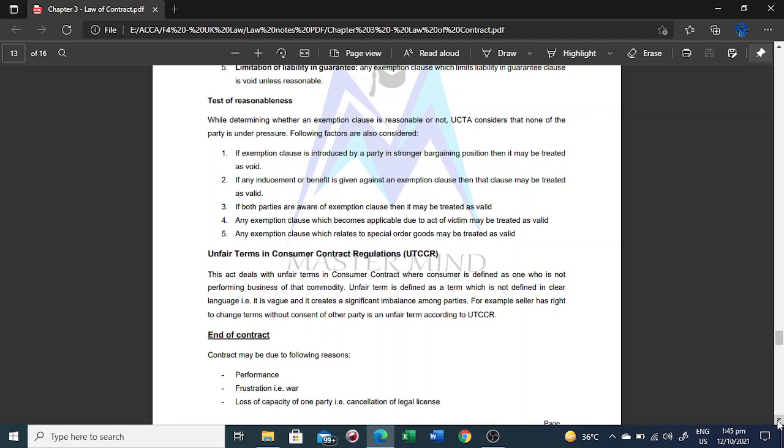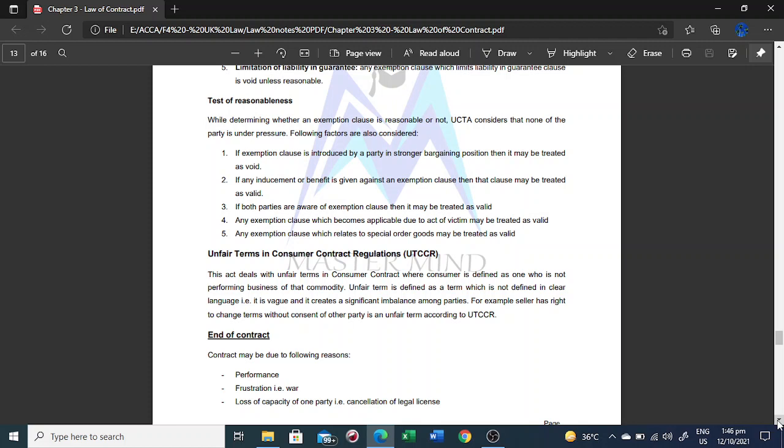If any inducement or benefit is given against an exemption clause, then that clause may be treated as valid. So if you are giving the other party any benefit whilst you are mentioning an exemption clause, then that is considered to be valid. There is no problem in it.